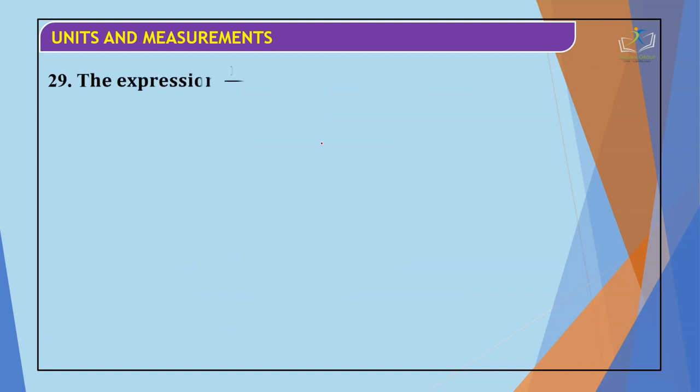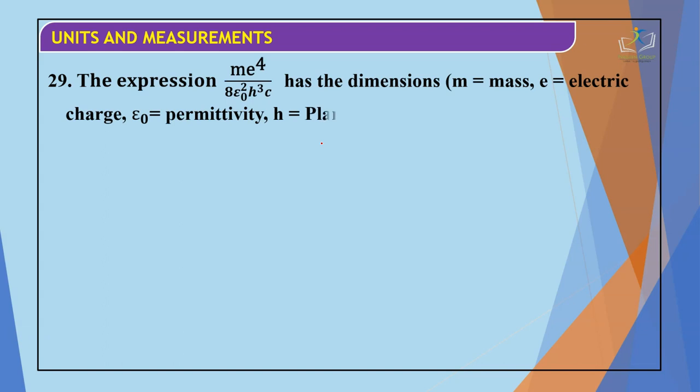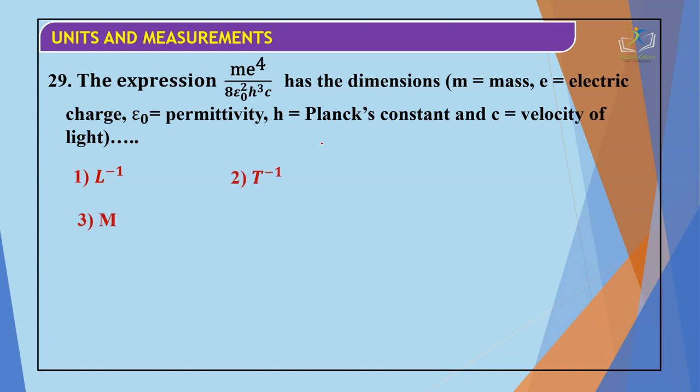Next, the expression m e to the power 4 by 8 epsilon naught square h cube c has the dimension of, where m is mass, e electric charge, epsilon naught permittivity, h Planck constant and c velocity of light: M minus 1, T minus 1, M, and L. So students, I hope you remember that this is actually the Rydberg constant.